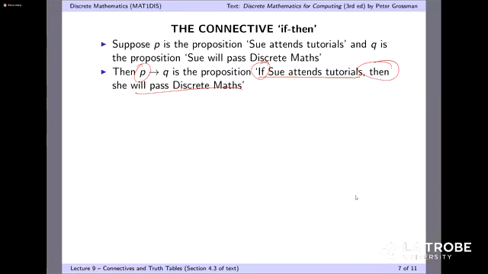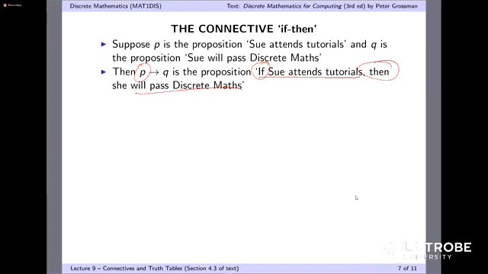Now, P stands for Sue attends tutorials. And Q stands for Sue will pass discrete math. Suppose Sue attends tutorial and she passed. So this implication is true. Do you agree with that? Yes. Good.